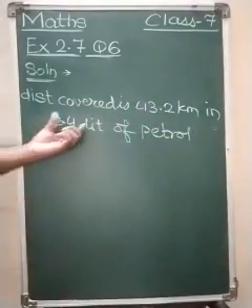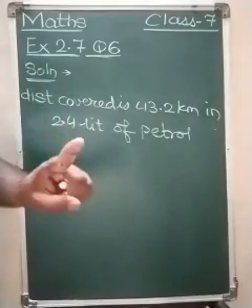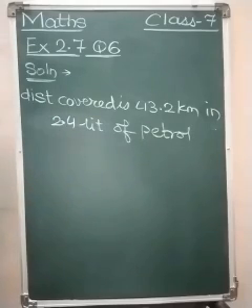So many is given, 2.4 is a many quantity. We have to find one quantity, 1 liter. So here we have to divide.